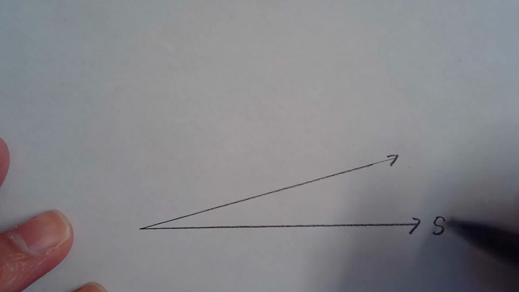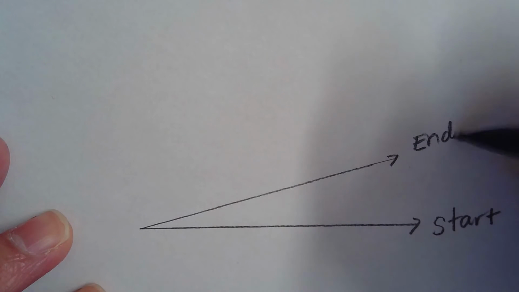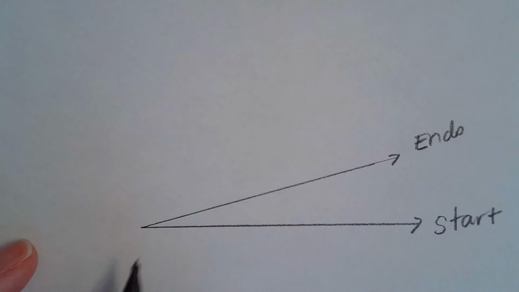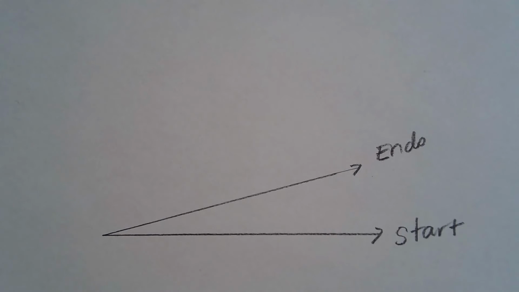This is the start. And then this is where it ends. Think of the door. And this is the hinge. Okay, so can you make an estimate of what this angle looks like? Approximately.